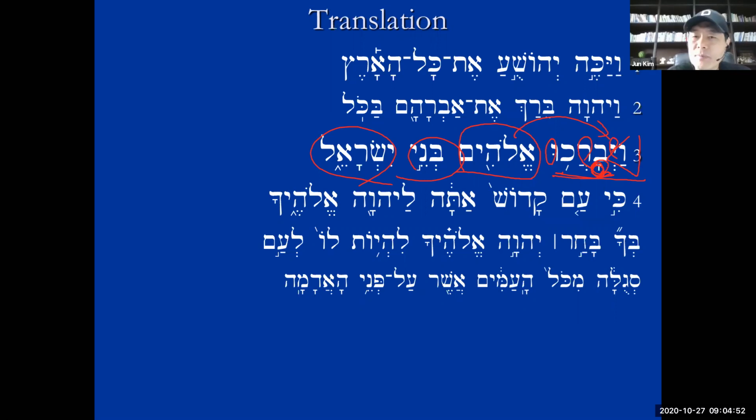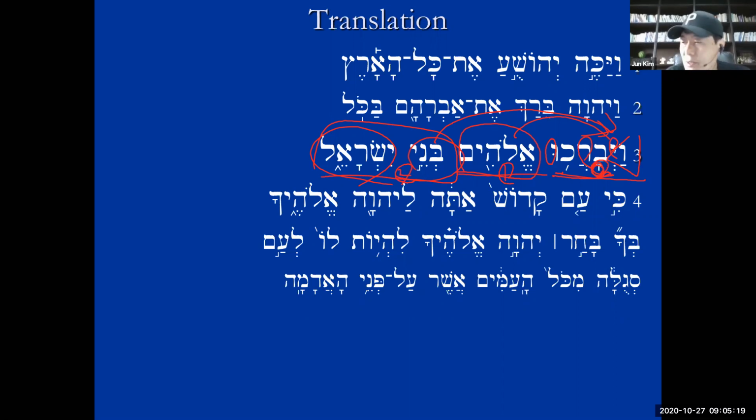Elohim can be the subject, at the same time Bnei Israel can be the subject, so it should be determined by the context. But if you really look at the passage, the real subject should be Bnei Israel.